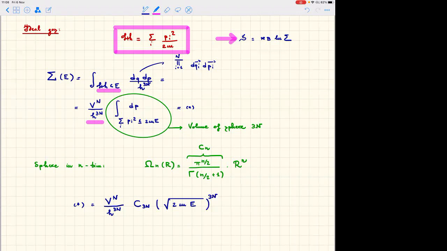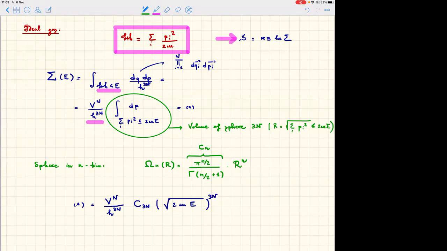The integral over all the dp, there are 3N of them, is subject to the constraint that H is smaller than E, and therefore the sum over i of p_i squared is smaller than 2m times E. Now, if we think for a second about what I wrote here, this defines the volume of a sphere in 3N dimensions of radius R equal to the square root of the sum over i of p_i squared, which should be smaller or equal than 2mE.